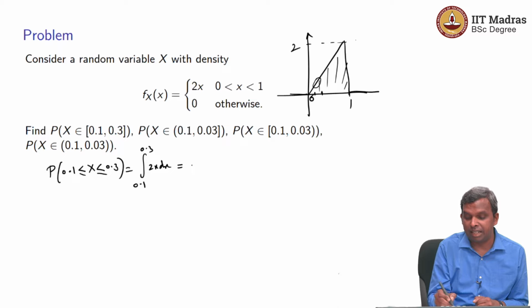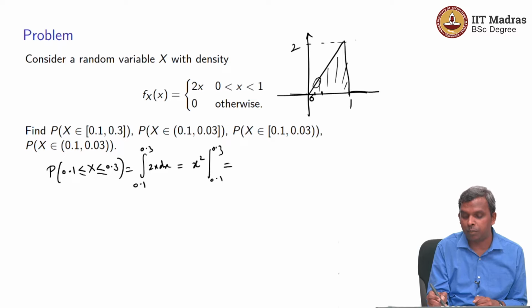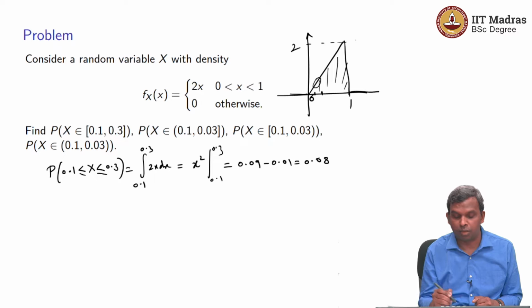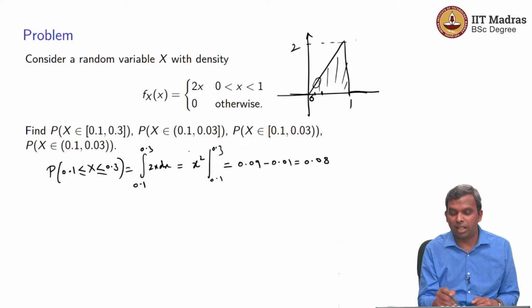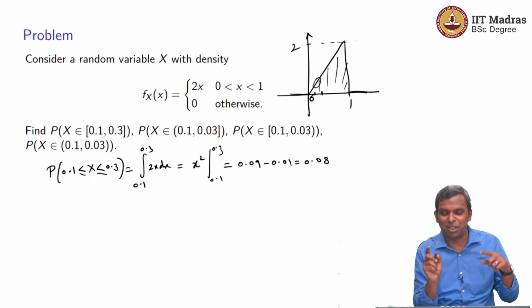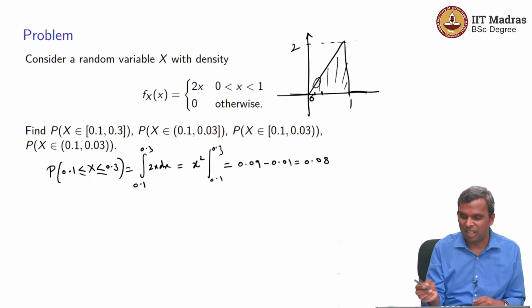The antiderivative is x squared, so x squared between 0.3 and 0.1 is 0.09 minus 0.01, which is 0.08. You can calculate the others in the same way. I'm just confusing you with open here, closed there, etc. You'll get the same answer.